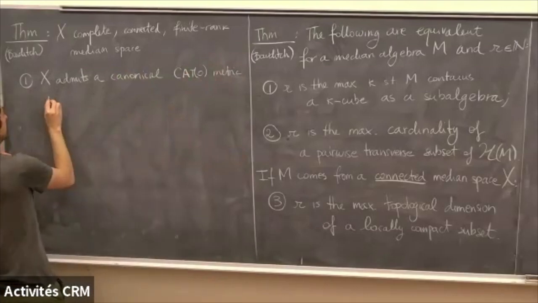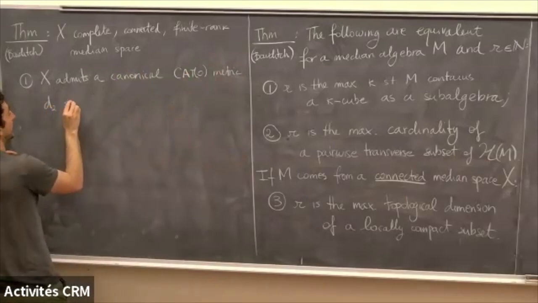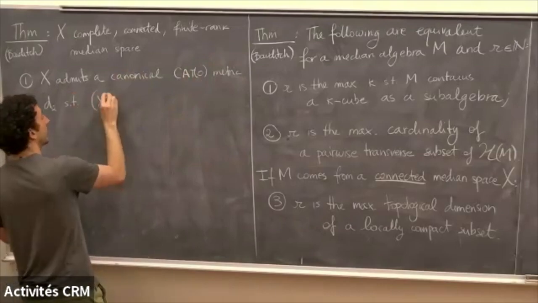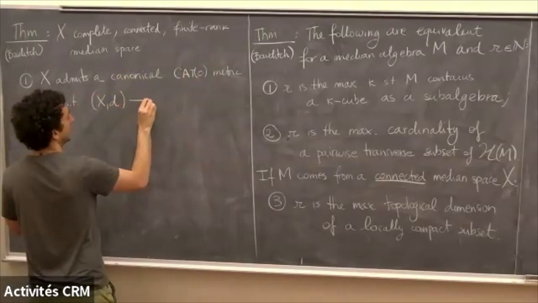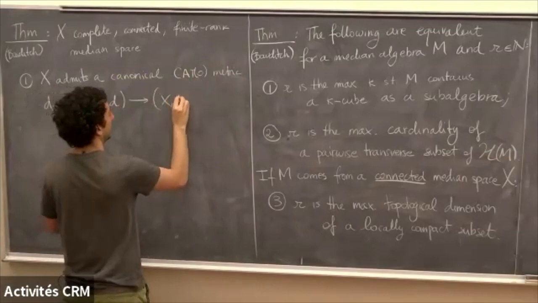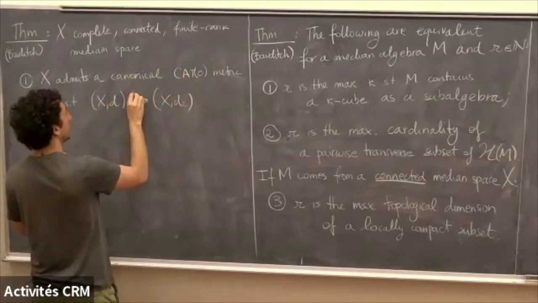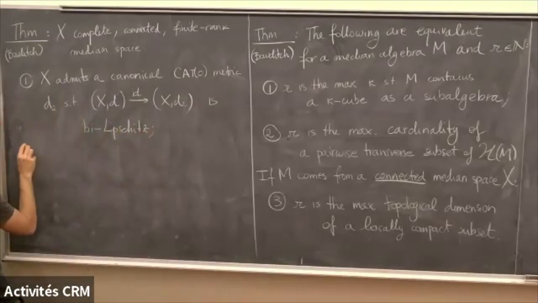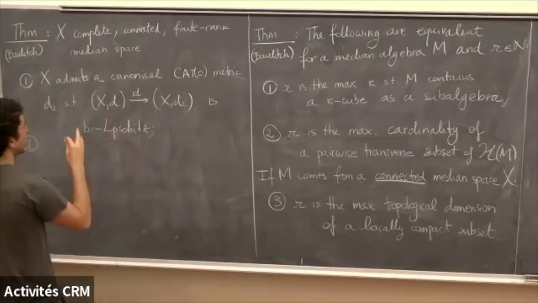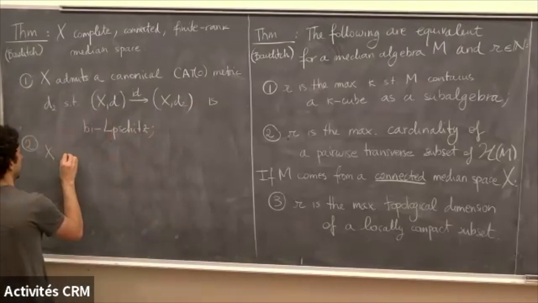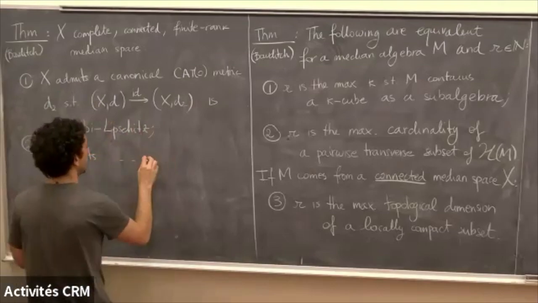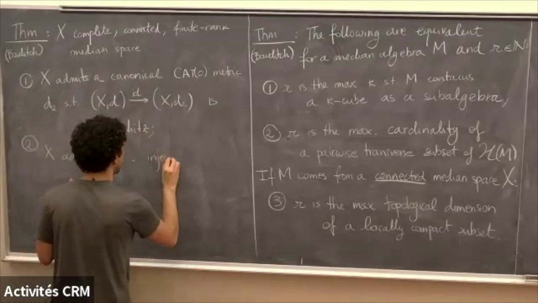Let's call this d2, such that the identity from its own median metric to X with the CAT(0) metric is bi-Lipschitz. And the bi-Lipschitz constant only really depends on the dimension, as you would expect. And same with an injective metric. So X admits a canonical injective metric.